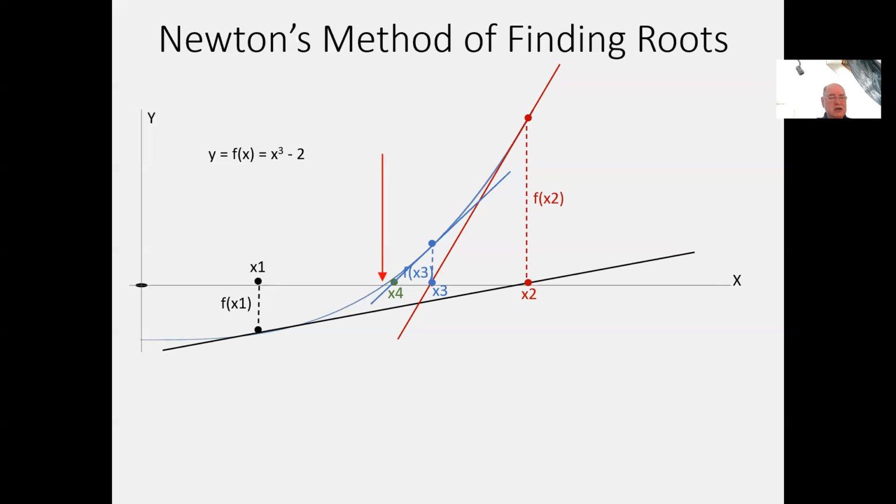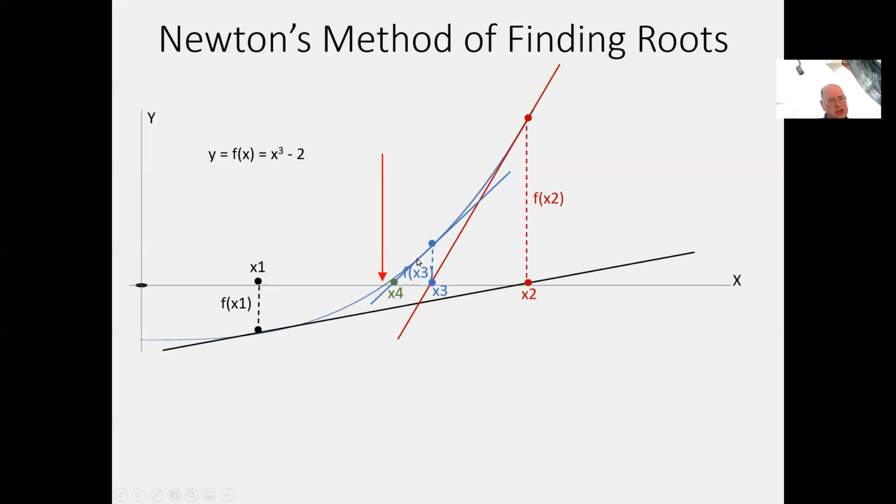And the secret here is a very interesting one, a very important one in the idea of calculus. Why does this idea work? Newton says, well, you have to take a look at this point x3, f of x3. Take a look at this tangent line. This tangent line is actually a very good approximation for the curve around its point.